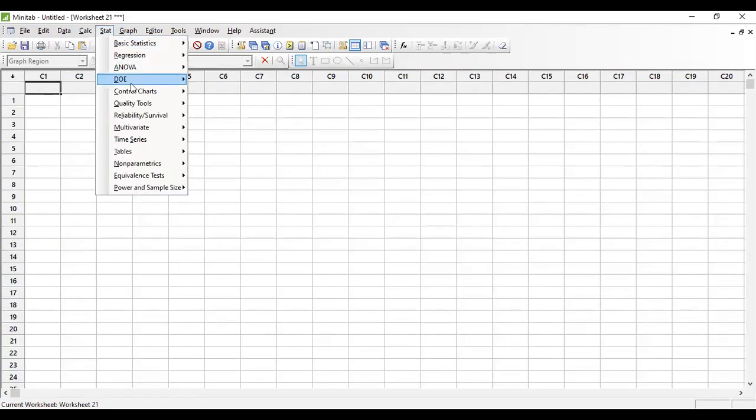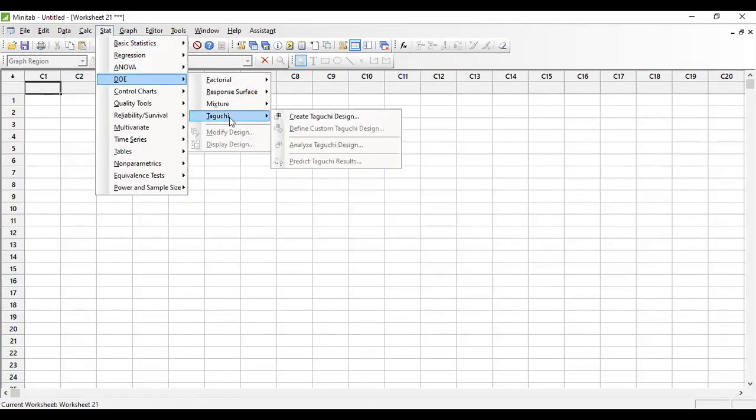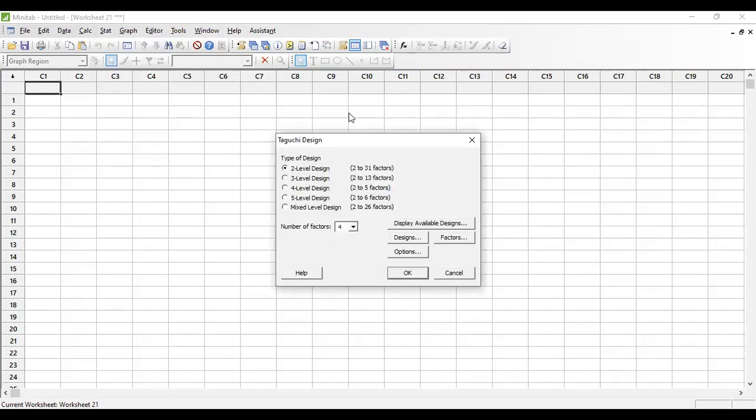Then Stat, design of experiment, Taguchi design, then create Taguchi design. Right, here you can see again there are 2, 3, 4, 5-level designs. We can use maybe 2 factors, 3 levels.